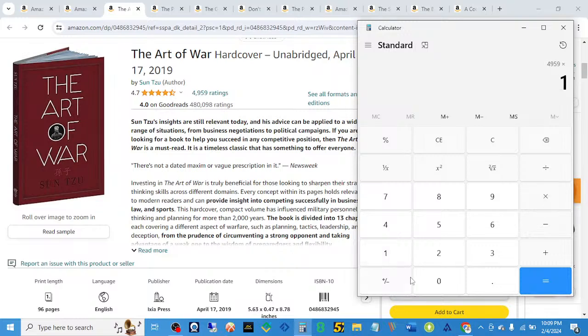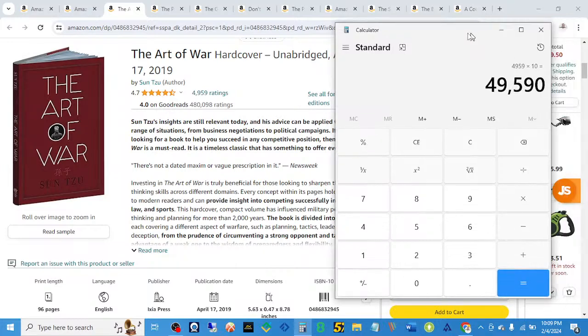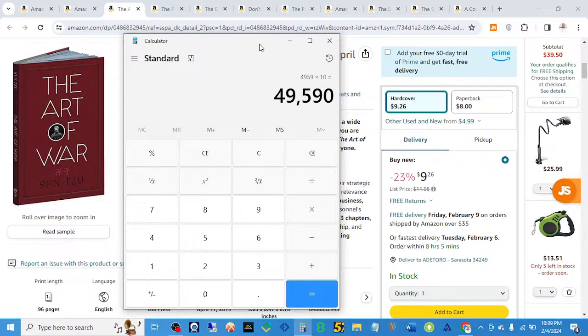This multiplied by 10. By now, this author has made 49,595 sales on this book, and he is selling the book for an average price of $9.26. Multiply by $9.26.